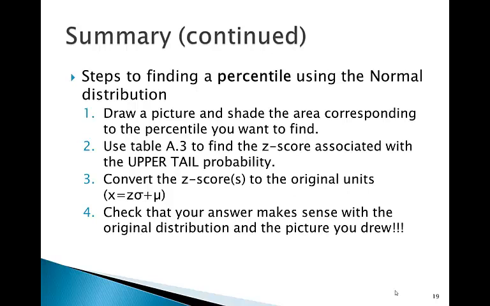Then you convert the z-score to the original units. So x equals z times sigma plus mu. So we're just using that z-score formula and solving for x. Then again, you check that your answer makes sense with the original distribution and the picture that you drew.